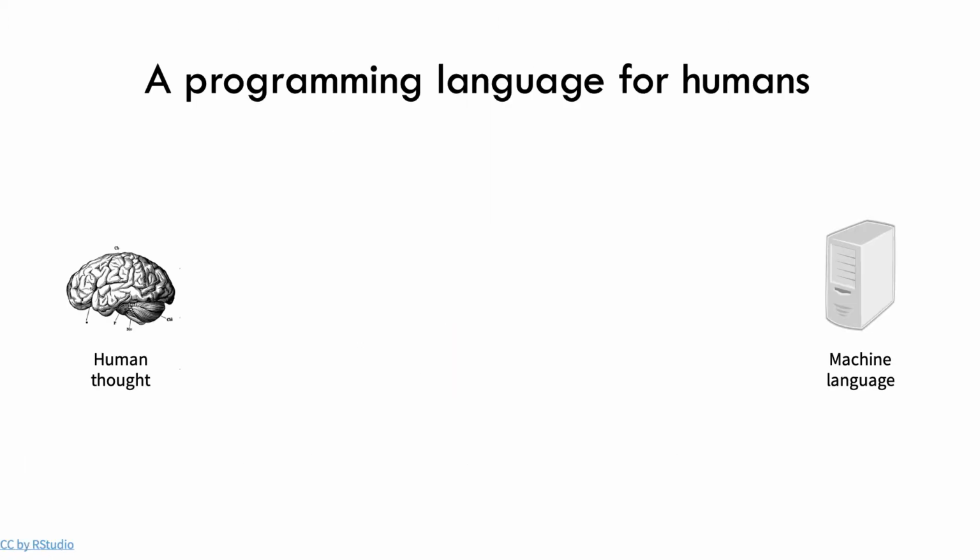So let's take a step back to unpack this idea. The purpose of a computer language is to transform human thought into machine language. For example, if you know C++, you can write code in C++, and the C++ compiler will compile that code into machine language.